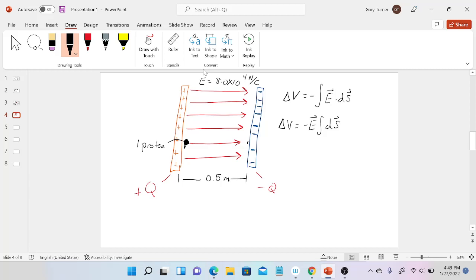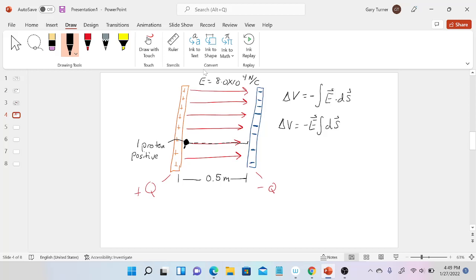But ds is the path from one plate to the other plate as the charge accelerates toward the negative plate. And we know it's going to accelerate toward the negative plate because this is a proton, a positive charge, so it's going to be repelled by the positive plate here.